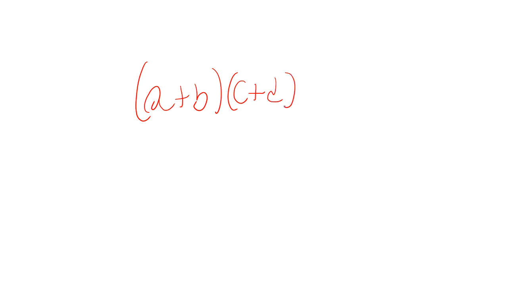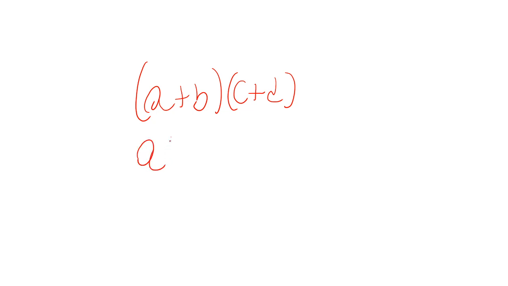When you're multiplying binomials or polynomials, you probably have something like this. I'm going to give an example of binomials. I'm going to start off with (a plus b)(c plus d), and this is a product of binomials. When we expand this, we can use the distributive property.